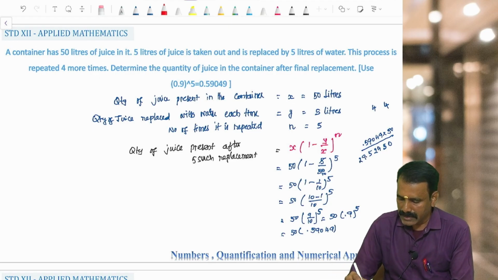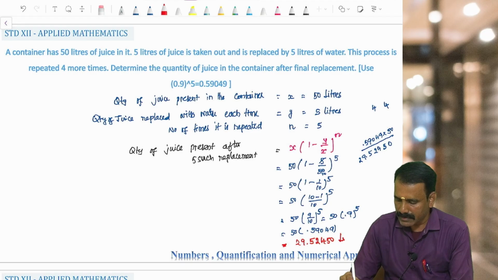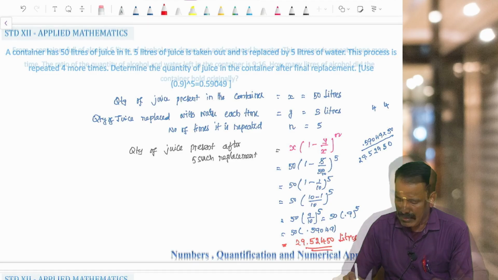So the final answer is 29.52450 liters. So this is the answer.